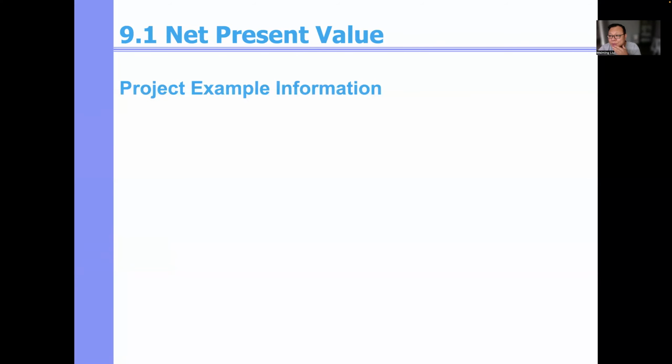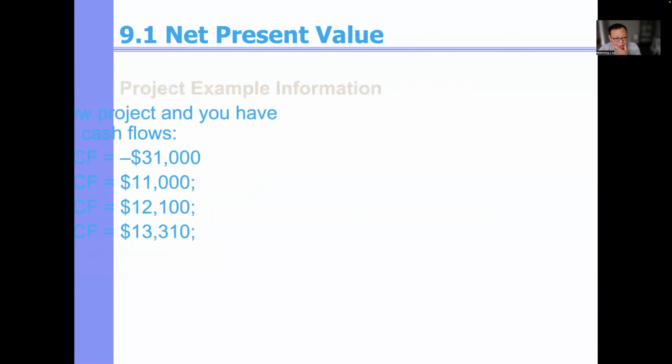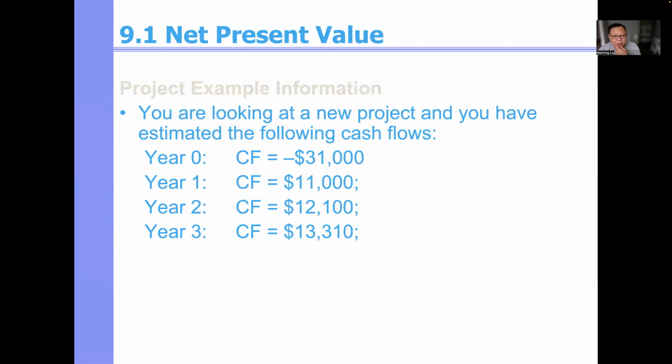Okay, so it will be much easier if we go through one example. In this example, we can see the cash flow structures. Initial investment, you're going to invest $31,000. Year one, you have a cash flow back 11,000. Year two, 12,100.